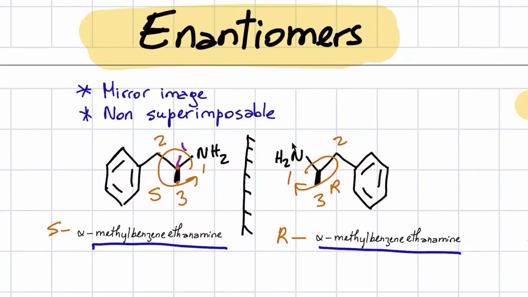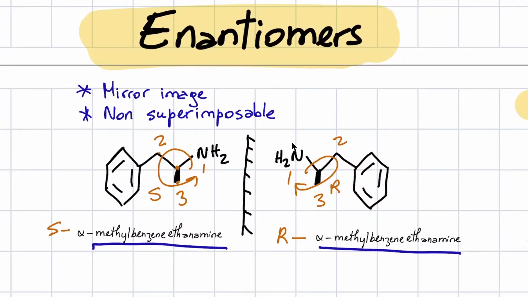But maybe I should make another quick video about that. For now, let me go on, thinking that you already know what I mean. If you have a chiral center, after determining if your chiral center is R or S, for example in that case we only have one chiral center, usually the enantiomer should be the complete opposite.